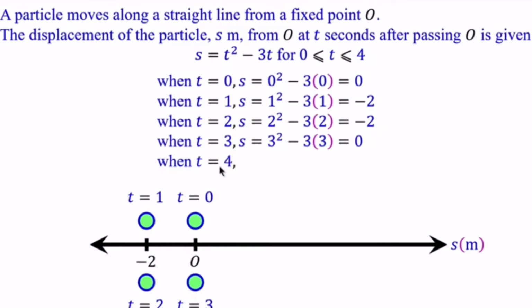When we check the displacement, we know how to trace the particle. The position of the particle at t equal to 4 is 4 meters. It is now moving to the right, 4 meters from the fixed point O. When we get a positive value for the displacement, it means the particle is to the right.